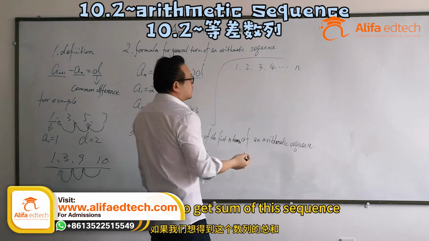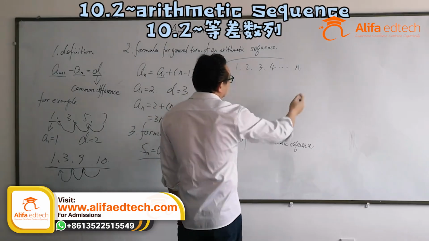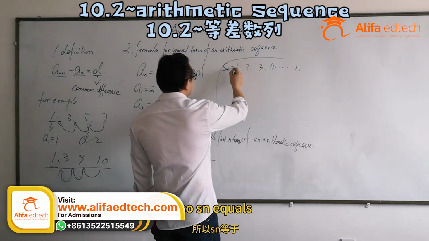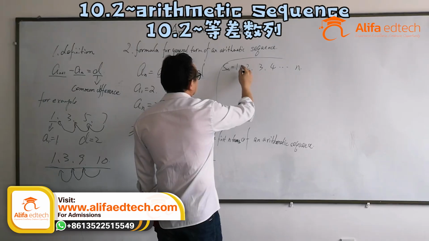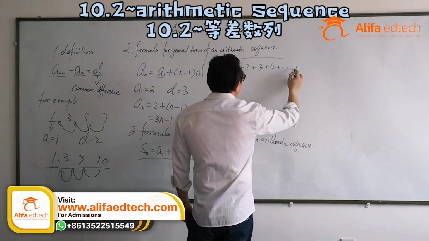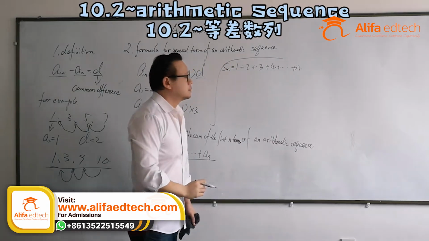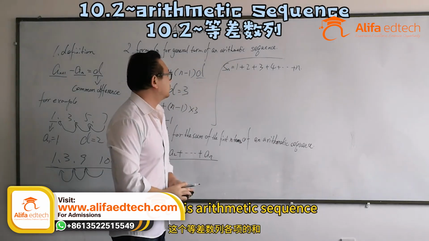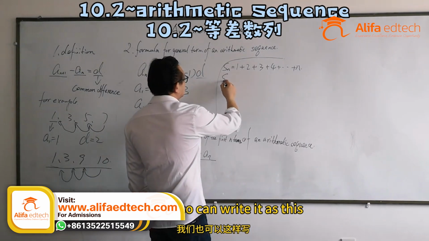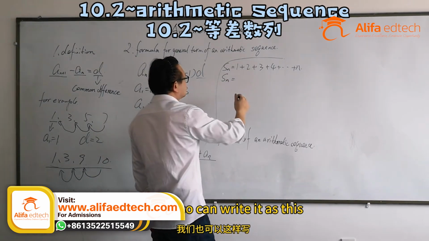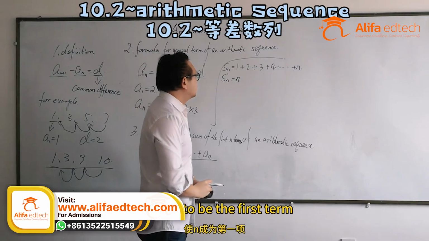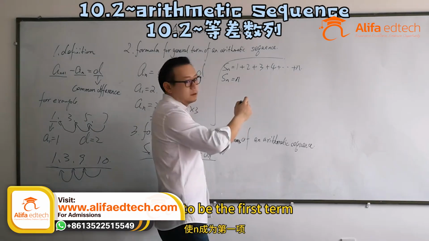And if we want to get the sum of n terms, so Sn equals the series of this arithmetic sequence. And we also can write it as this. We make n to be the first term.